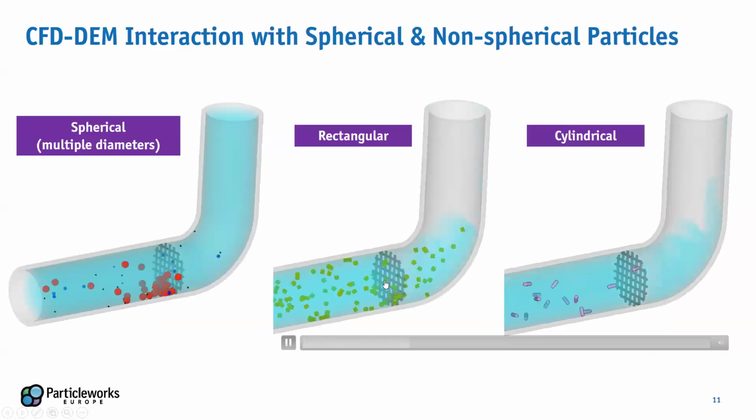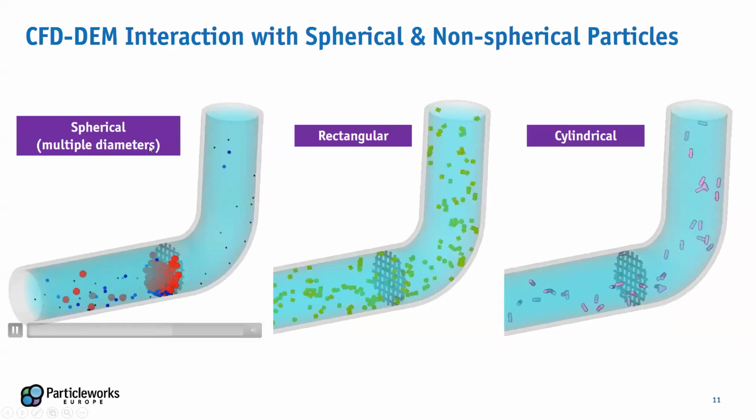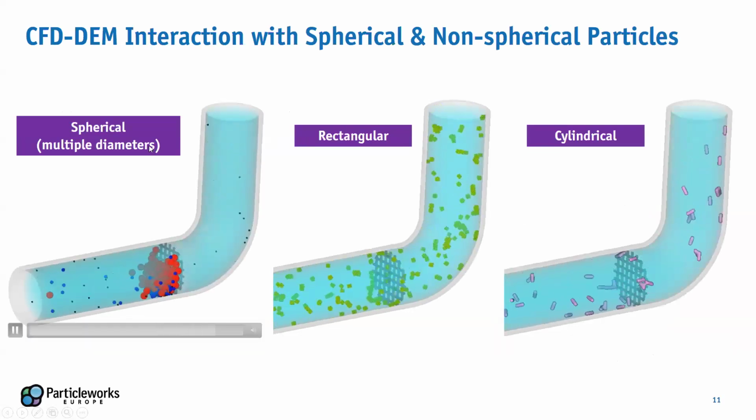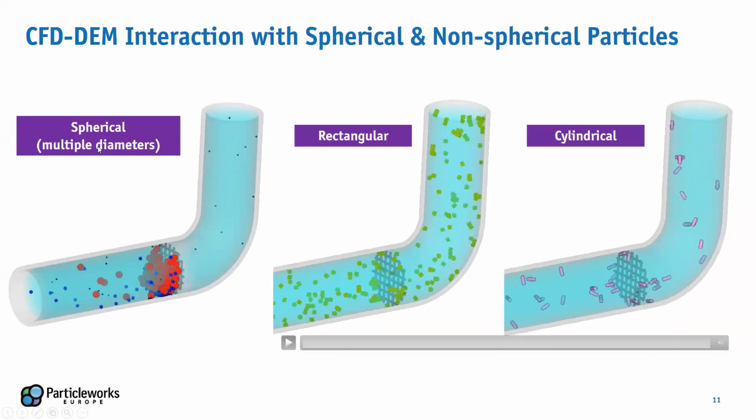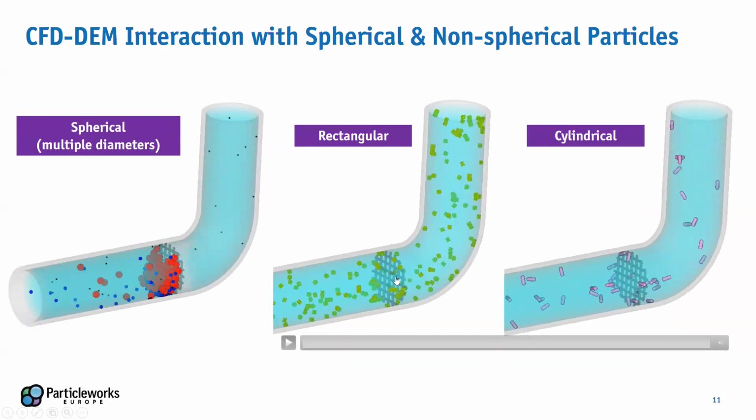It's interesting to see also this filter application when also dealing with custom shape particles. So we have cylindrical, rectangular, and multi-diameter. And you can see the clogging that can occur, or again, the different outputs in terms of flow depending on the shapes.